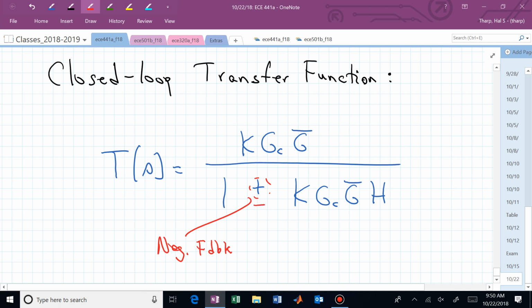And if we had positive feedback, we would have had a minus sign in that denominator. And we will pick up at that point next time. But this is now, if somebody gives you positive feedback, you just have to modify the denominator as a 1 minus that sum of terms.